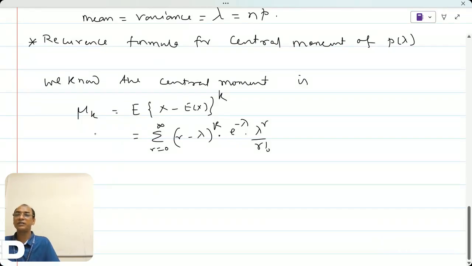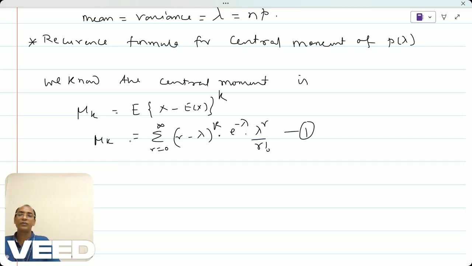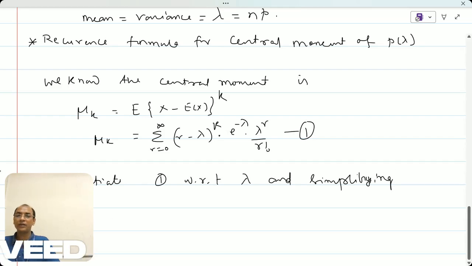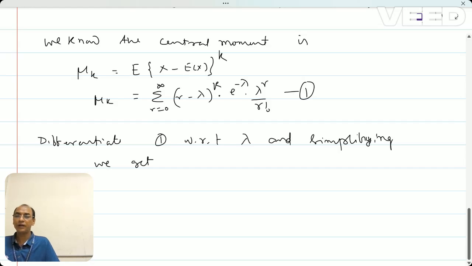Now we can differentiate this with respect to lambda, and simplifying we get d mu k by d lambda equal to minus k mu k minus 1 plus 1 by lambda mu k plus 1.